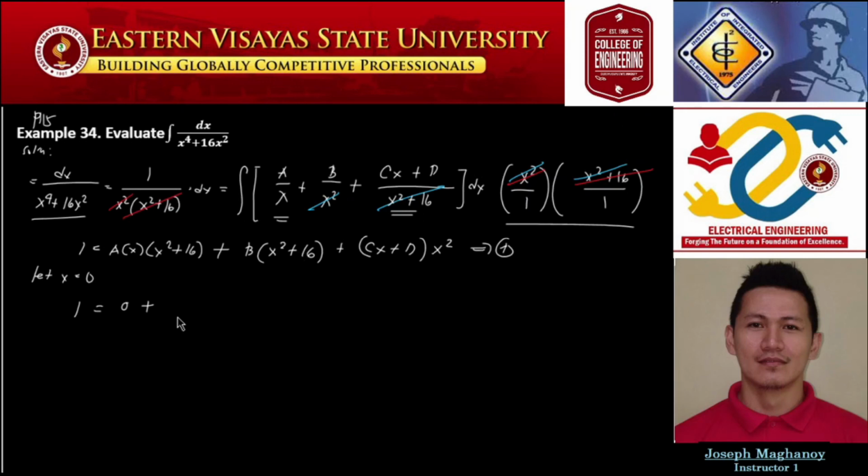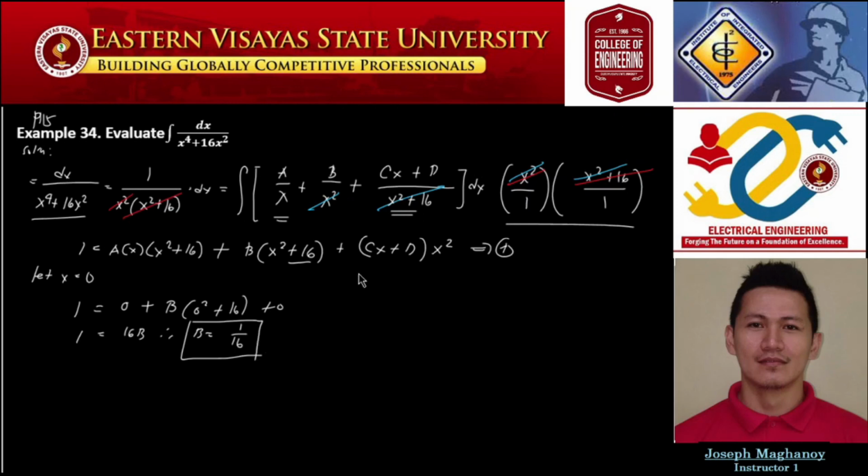At b, it's quantity 0 squared plus 16, so it does not become 0 since it's positive. Here, same, it will become 0. Finally, we can say that our remaining one is 16b, so we can say that b is equal to 1 over 16. We have a value for our b.